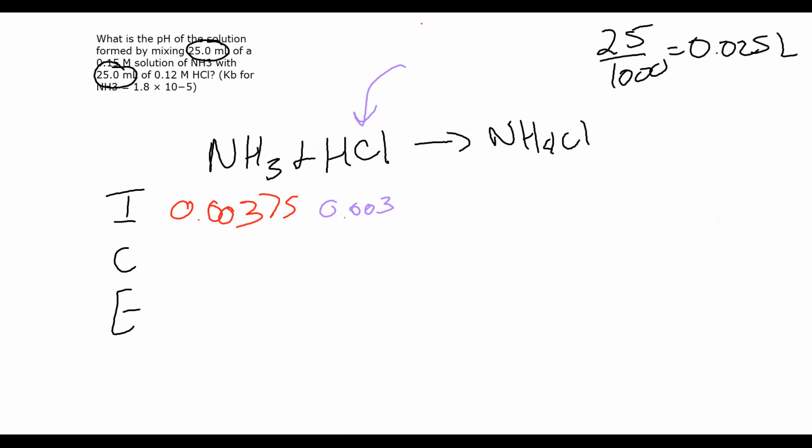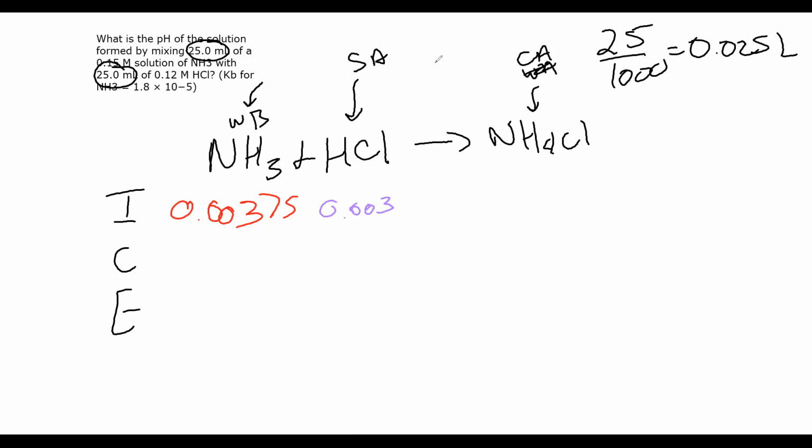Hey, we notice something here. What's this guy? A strong acid. What's this guy over here? It's a weak acid, also known as a conjugate acid. So what this means is, what did I just make?